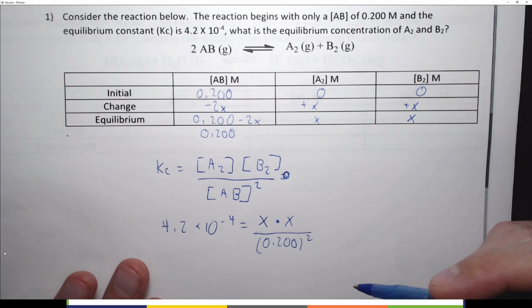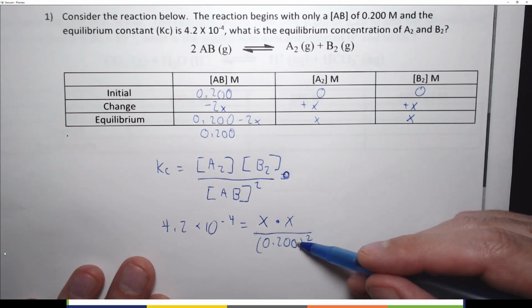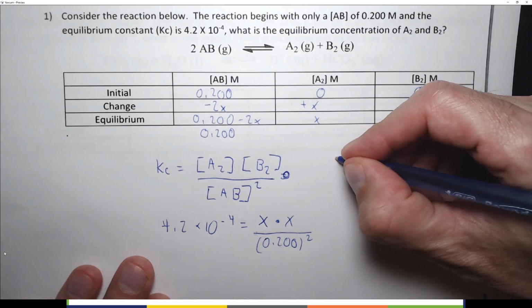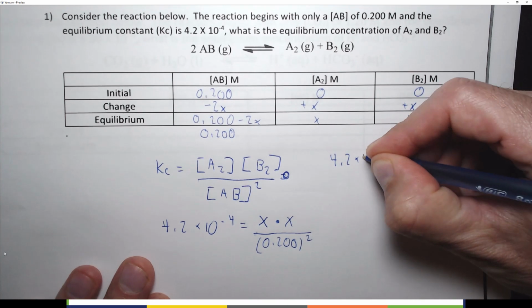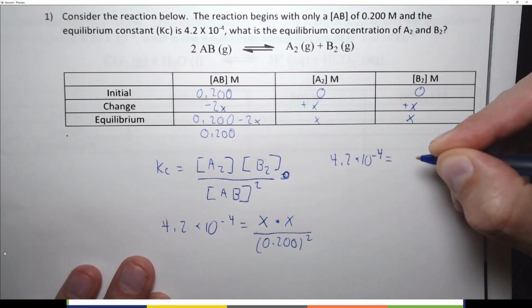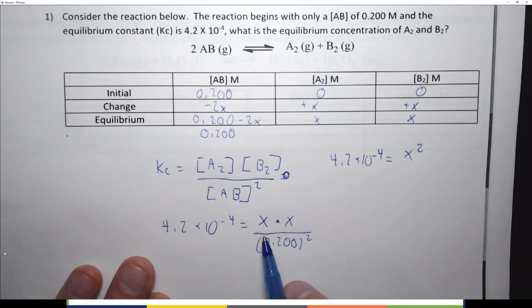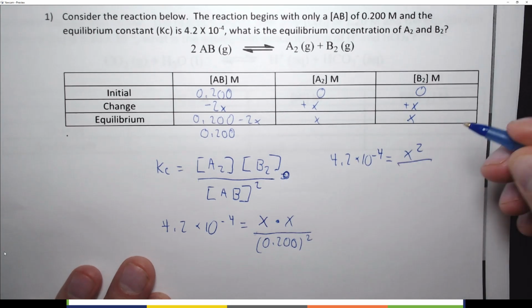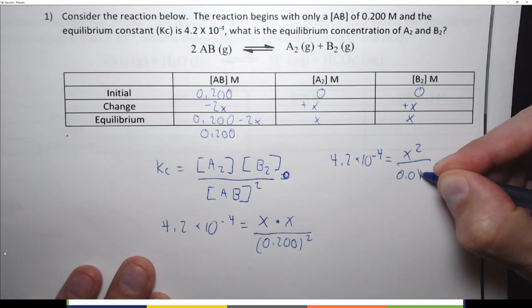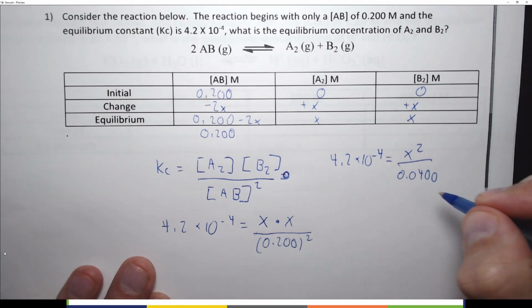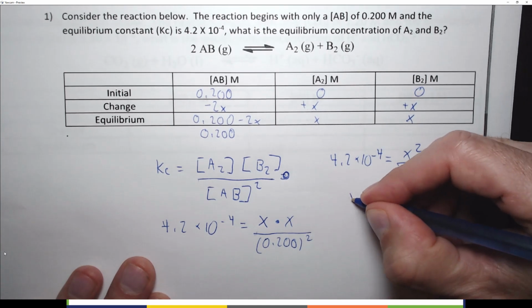In order to simplify this, the first thing I want to do is square this 0.200. So then I get 4.2 times 10 to the minus 4 equals x squared, x times x is x squared, divided by 0.0400. Cross multiply, I'm going to move the x squared over to the left side.